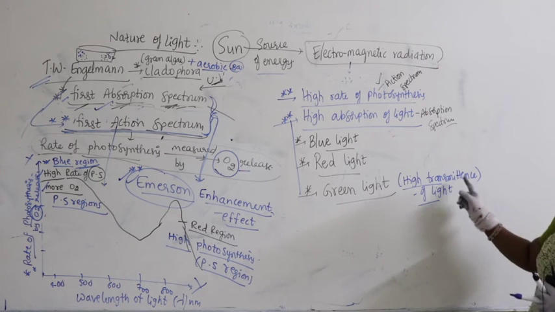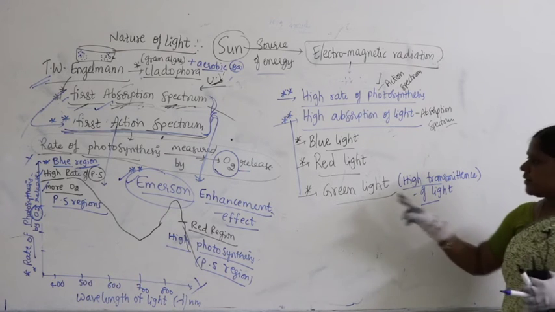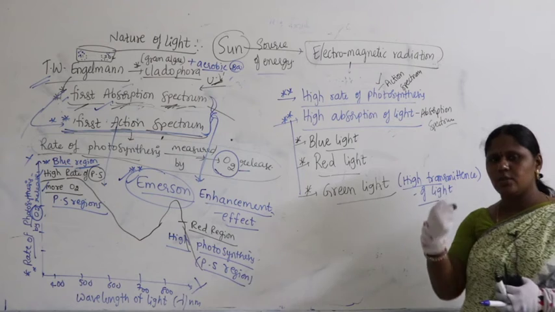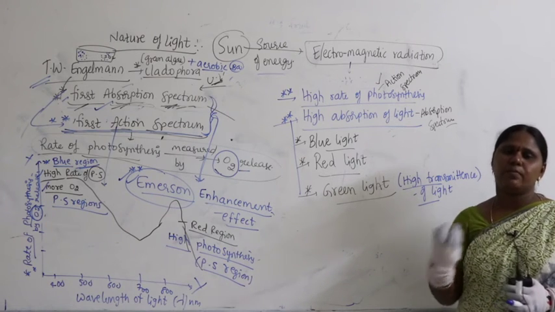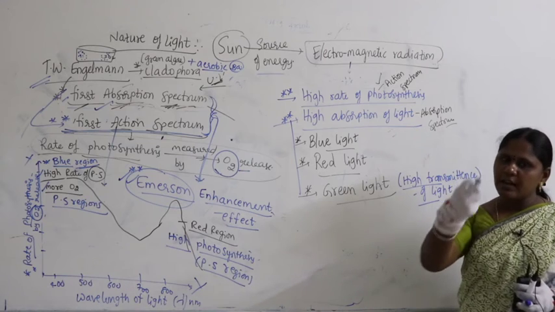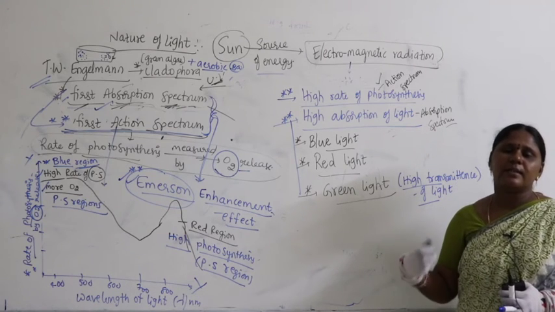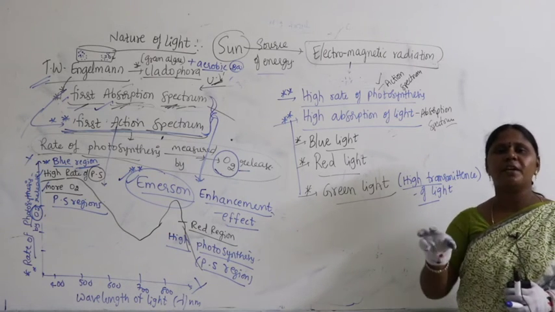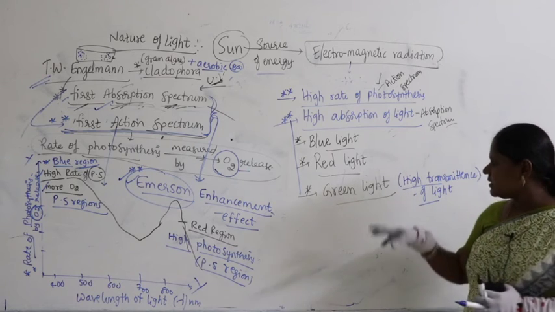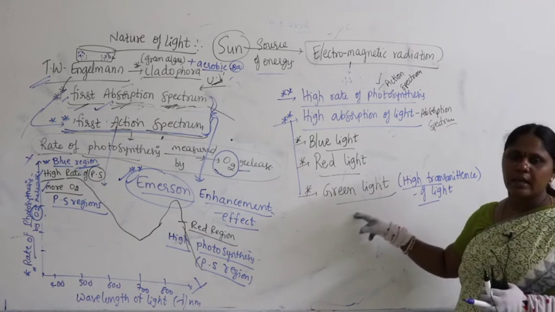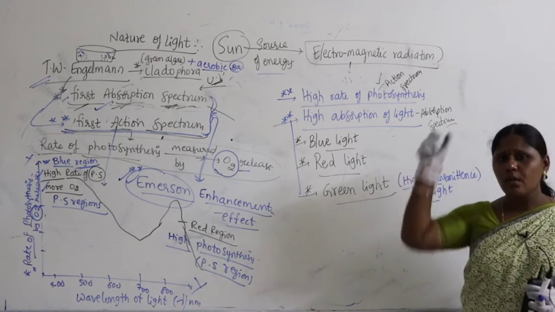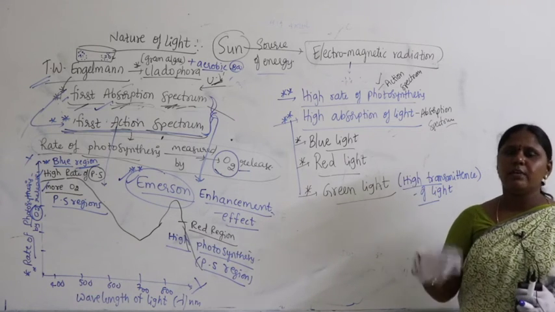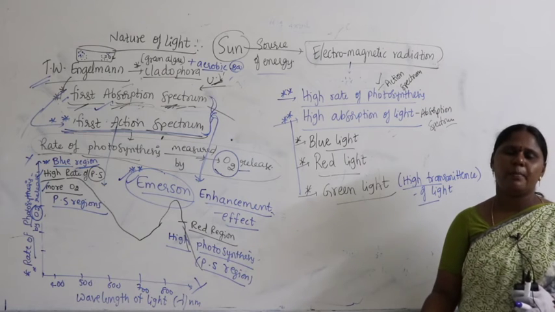What is the meaning of high transmittance of light? Green light is less absorbed, so it will get more transmitted into the parts of the plant. As more green light is getting transmitted, that is why the parts of the plant look green in color. More transmittance means it will get transferred into the parts of the plant.